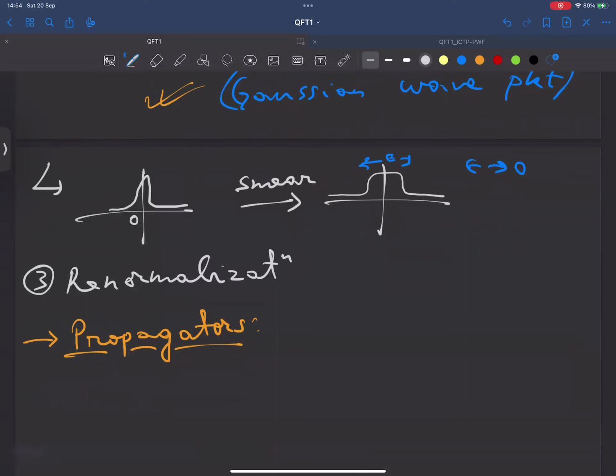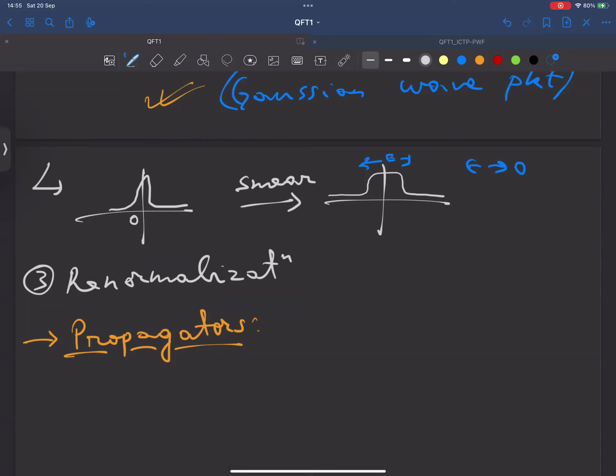As you might recall, when we began these QFT lectures one or two weeks back, we first computed something called a propagation amplitude. We said if we have a particle here, what's the probability that we will measure it at some other point?